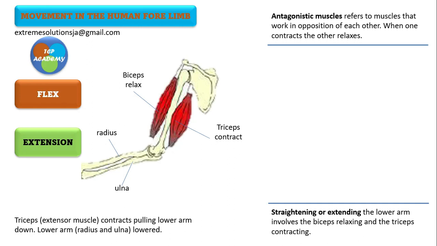Now, on the other side, we're seeing the bicep, which is extended and become thin. Now, these muscles are working antagonistically. And what that means is that antagonistic muscles refer to muscles that work in opposition of each other. When one contracts, the other relaxes.